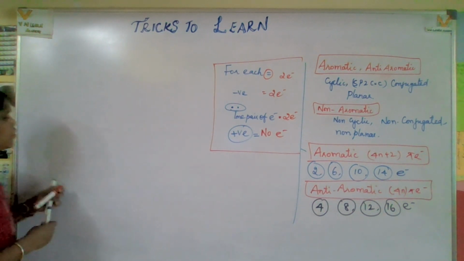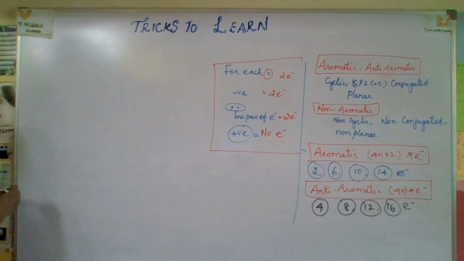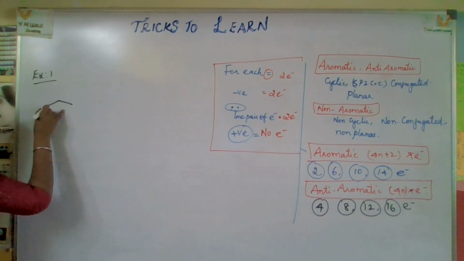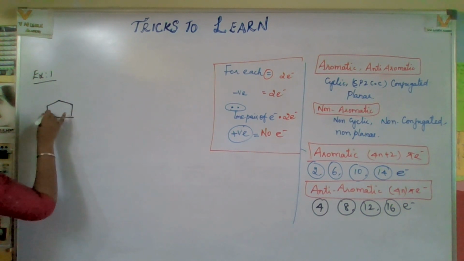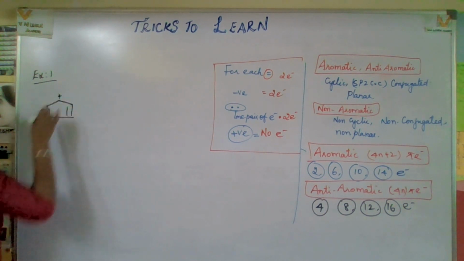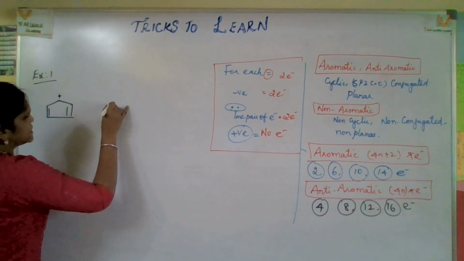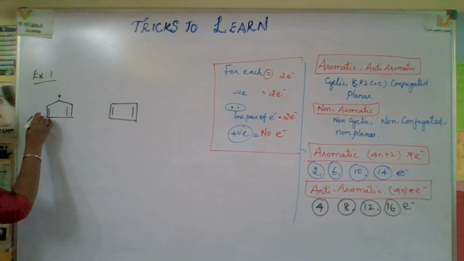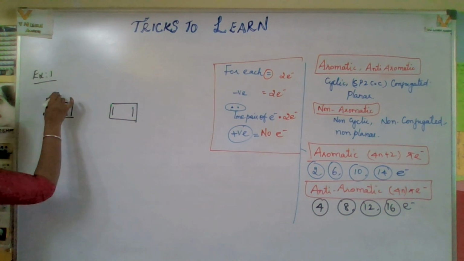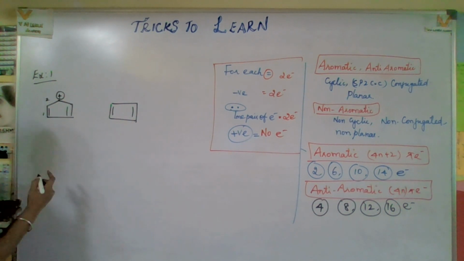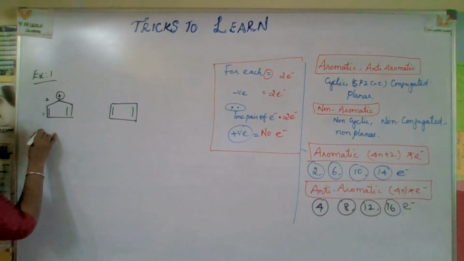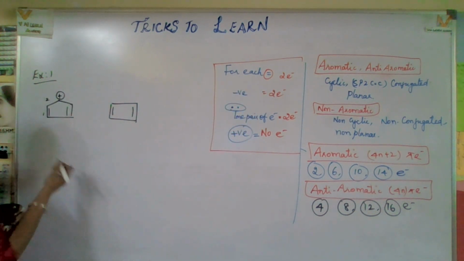Now let us go to an example. Another example, same double bond. Here double bond, single bond, positive charge. For a double bond, how many electrons? 2 electrons.